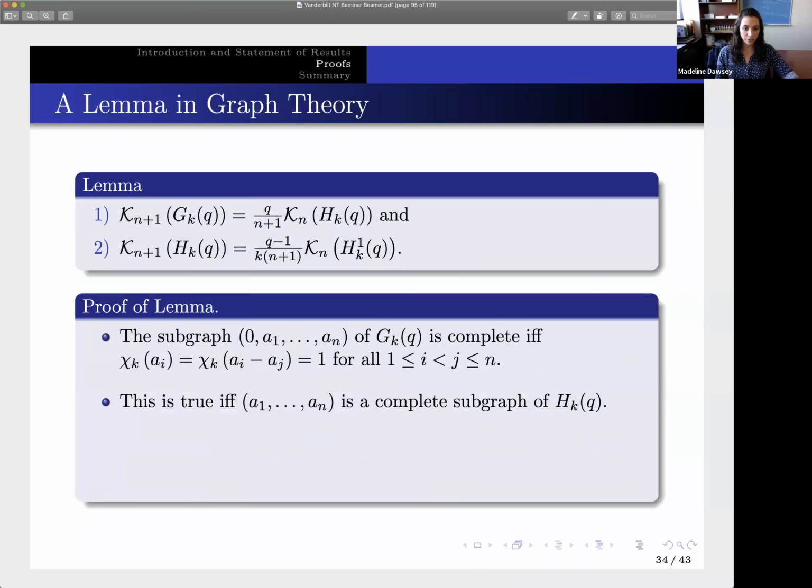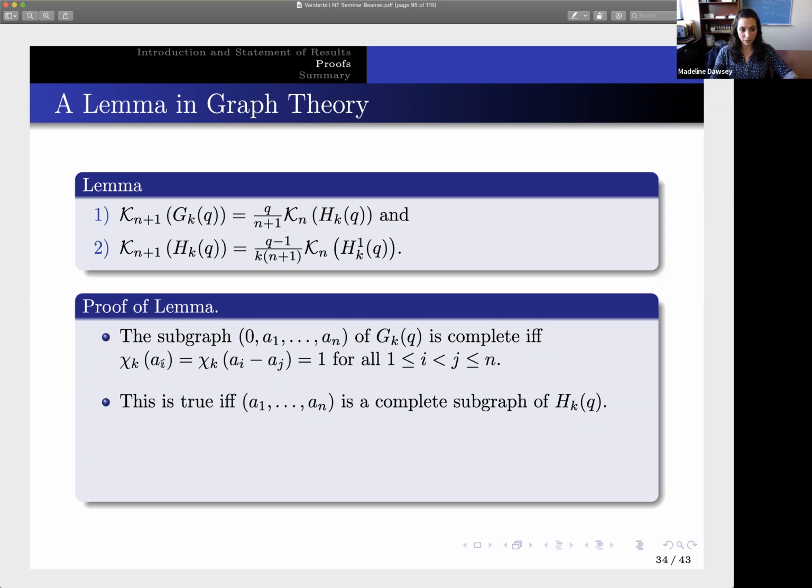The reason that we chose, so remember we fixed a vertex and then looked at some arbitrary other n vertices. The reason that we fixed the vertex 0 when we were going from Gk of q to Hk of q is because if the vertex 0 is in that complete subgraph, that means each of these n vertices is connected to 0, meaning their difference is a kth power.